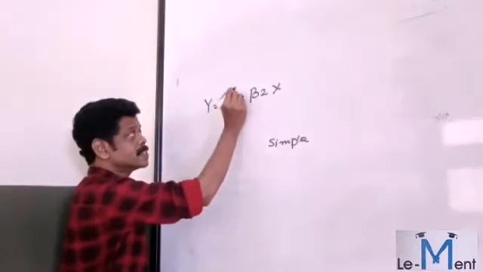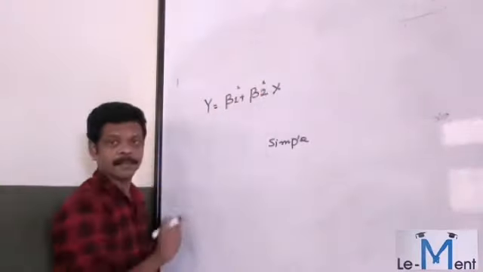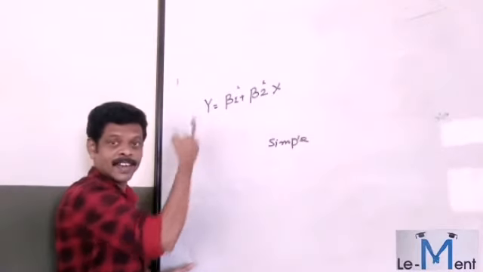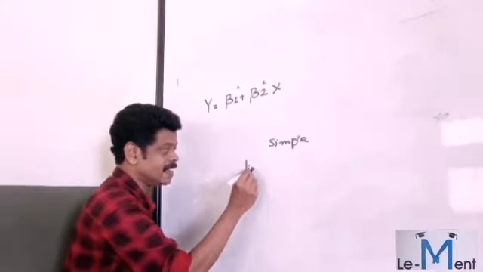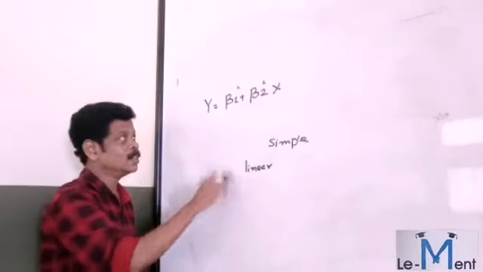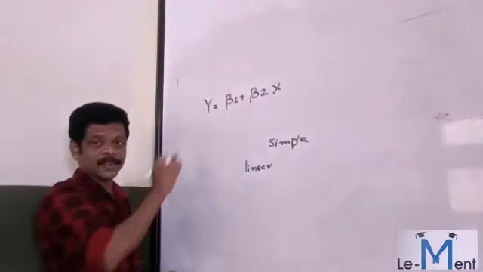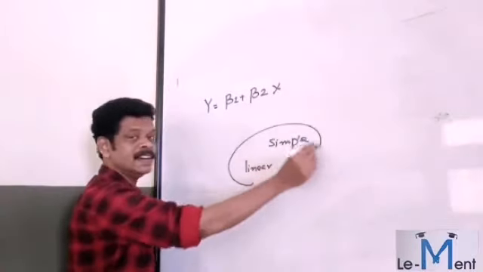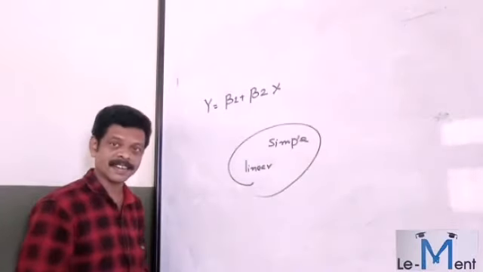Both parameters take the power 1. Therefore, this equation or this model is a linear model. So, y is equal to beta 1 plus beta 2 x is a simple linear regression.